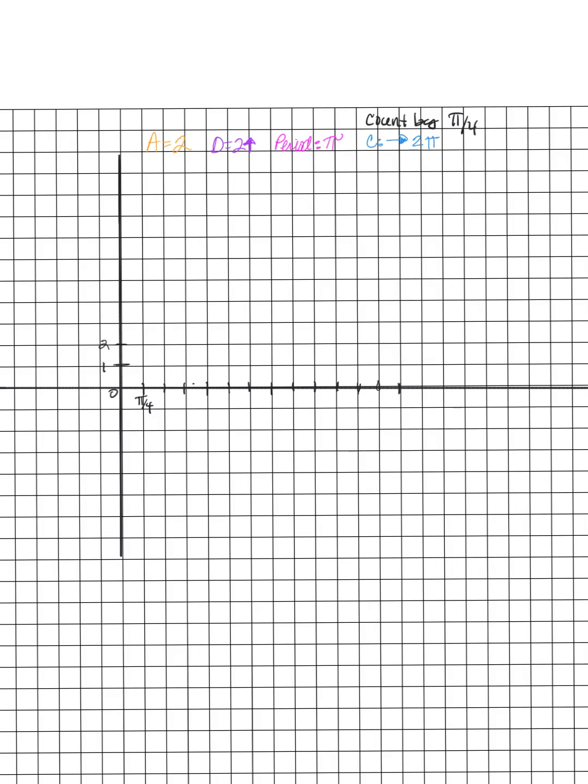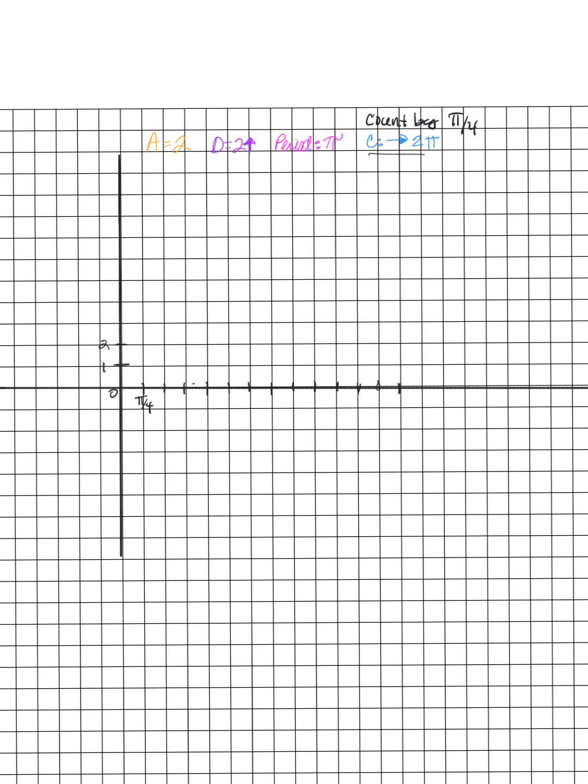Okay, so here I have my graph. I pulled out a graph paper and added to it. So get graph paper, I have it going the long way. Notice that my y-axis is over to the left as much as I need, because I'm shifting 2 pi to the right, so I don't really want so much on the other side.